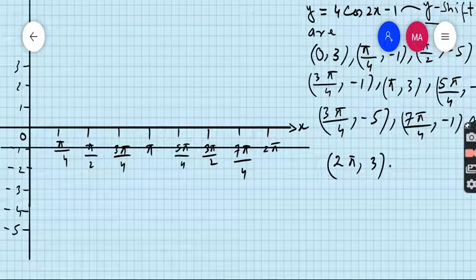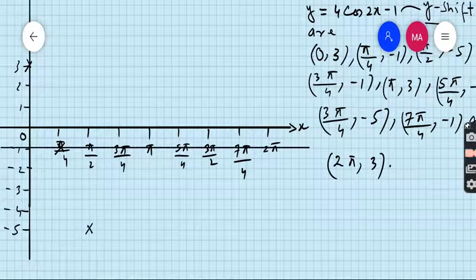So first, when x is 0, the value is 3, and again you should take pi by 4 interval. When x is pi by 4, the value is minus 1. When x is pi by 2, the value is minus 5.